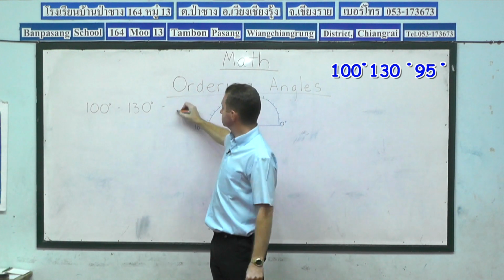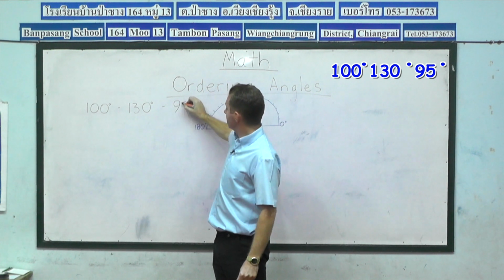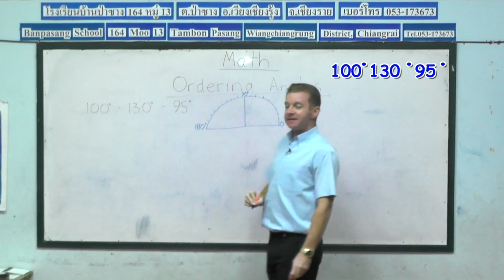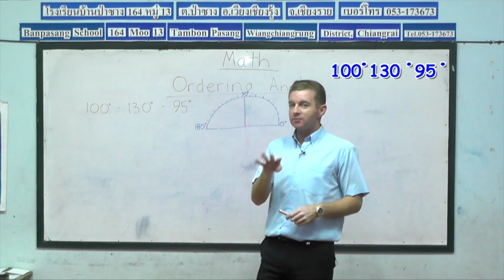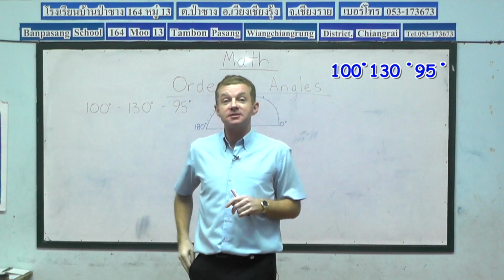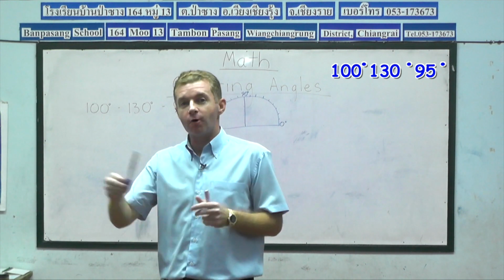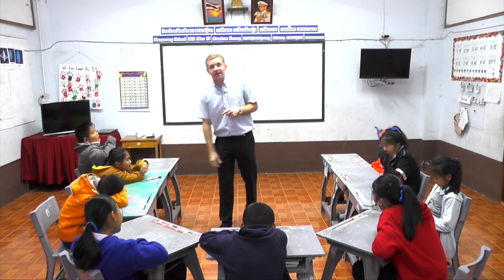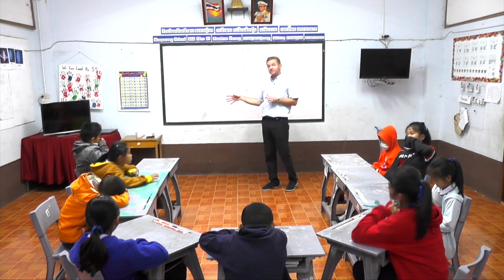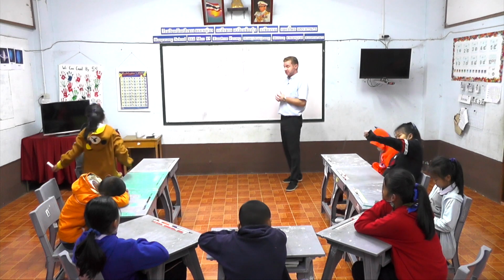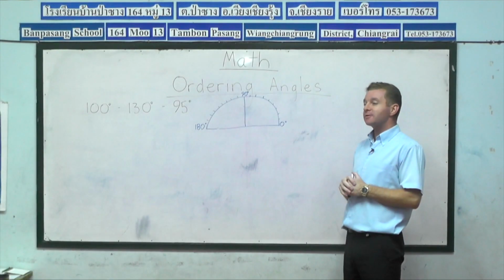Oh no, I know. Let's try 95 degrees. So what we've got now are 3 obtuse angles, and I'm going to ask Pak Bung to come forward and place these obtuse angles into the correct order, starting with the smallest and then going on to the biggest. So Pak Bung, come and join me at the front, please.